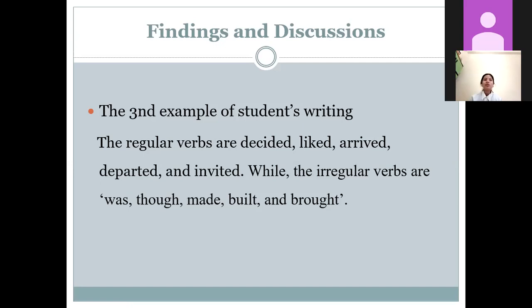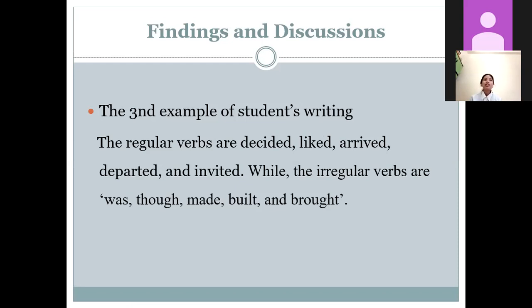For example, verb 1 is decide, changed to verb 2 into decided. And verb 1 is like, then changed to verb 2 into liked. The common regular verb is added by -ed. For example, verb 1 is depart, changed to verb 2 into departed.